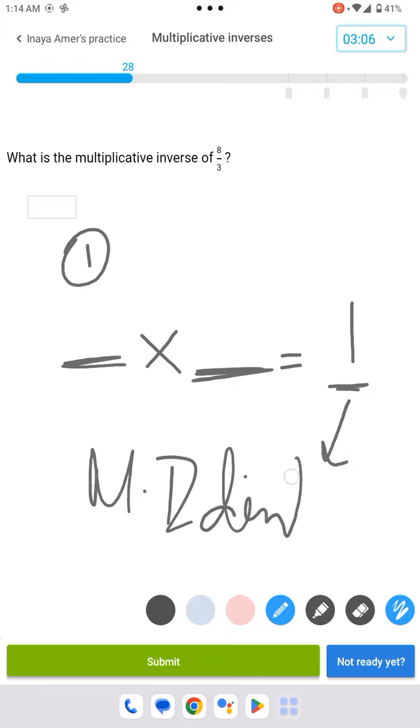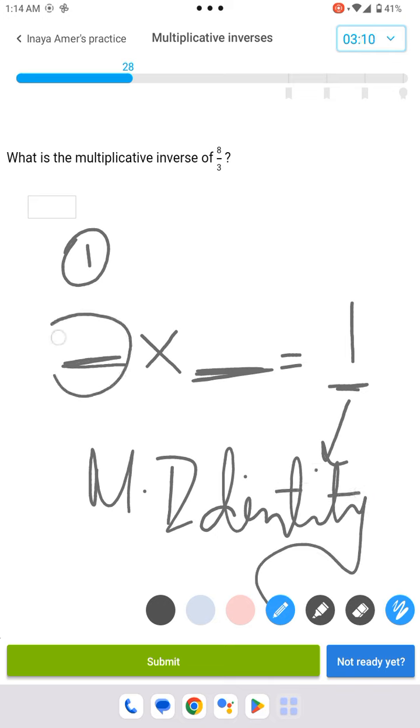If you have the multiplicative identity after multiplying two numbers, then these two numbers are called multiplicative inverses of each other. Okay.